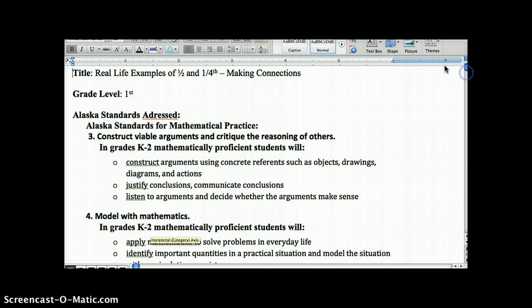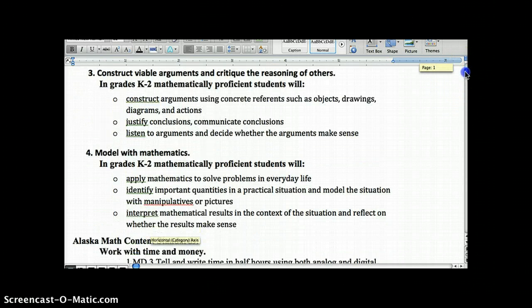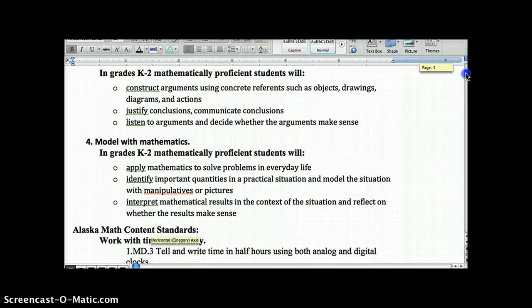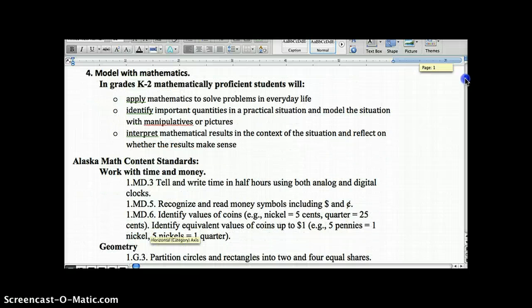So here's the standards. Some of these are the practice standards, and those are found throughout the lesson. Students constructing arguments, using objects and drawings, justifying their arguments, listening to others.